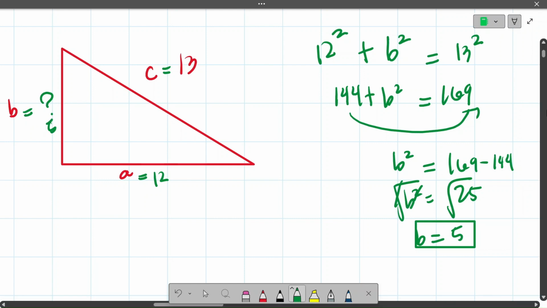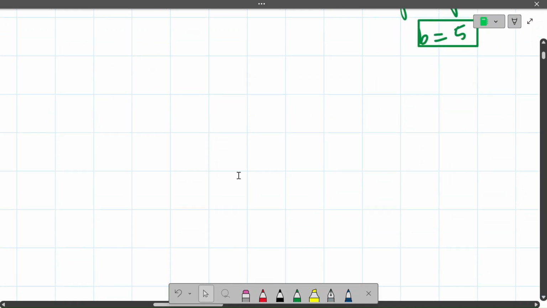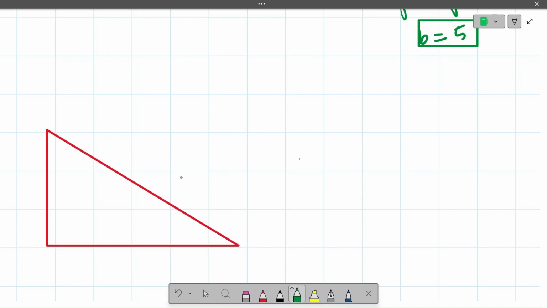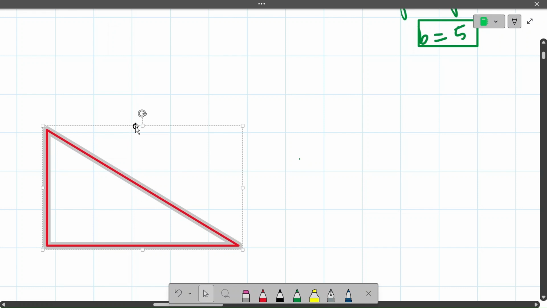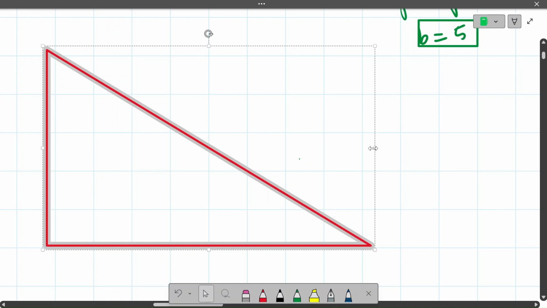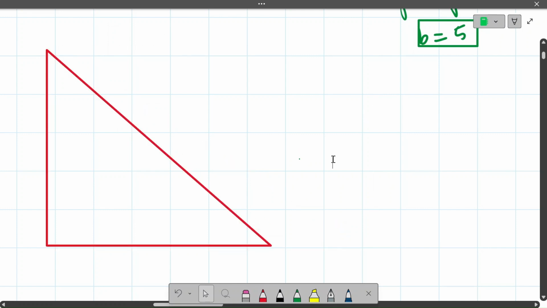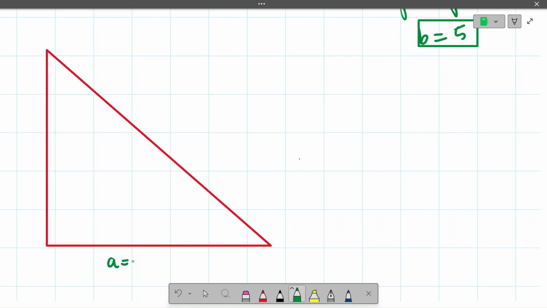So, let's use another example, class. Let's make it a little bigger. Let's say our A is 8, our B is 15.